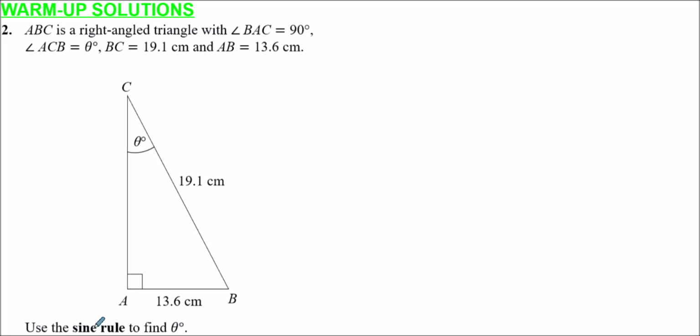The question's specifying that we need to use the sine rule. But just imagine that we wanted to just find theta in the standard way. We'd use sine because we know the opposite side, which is 13.6, and we know the hypotenuse, which is 19.1. So if you remember, you use the sine function if it's a right angled triangle when you're considering the opposite and hypotenuse. And so if we just do sine minus 1 of this, we can find theta.